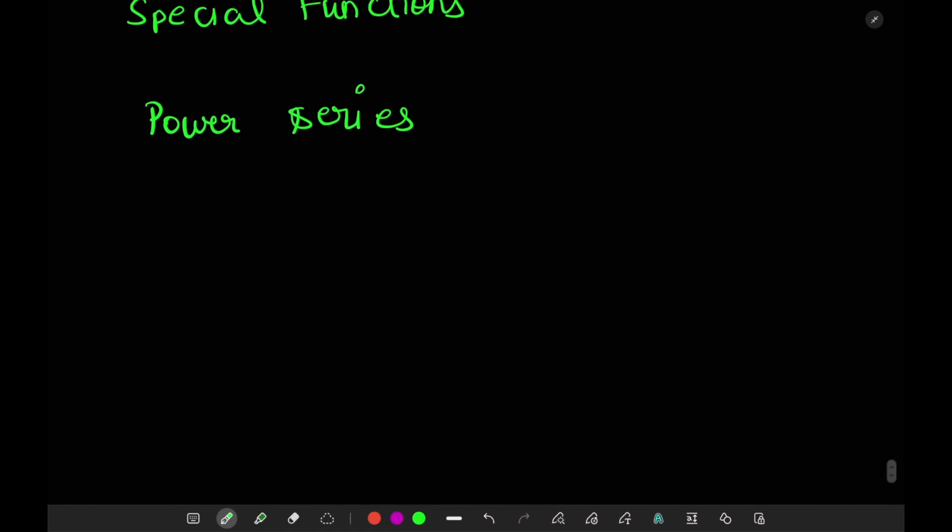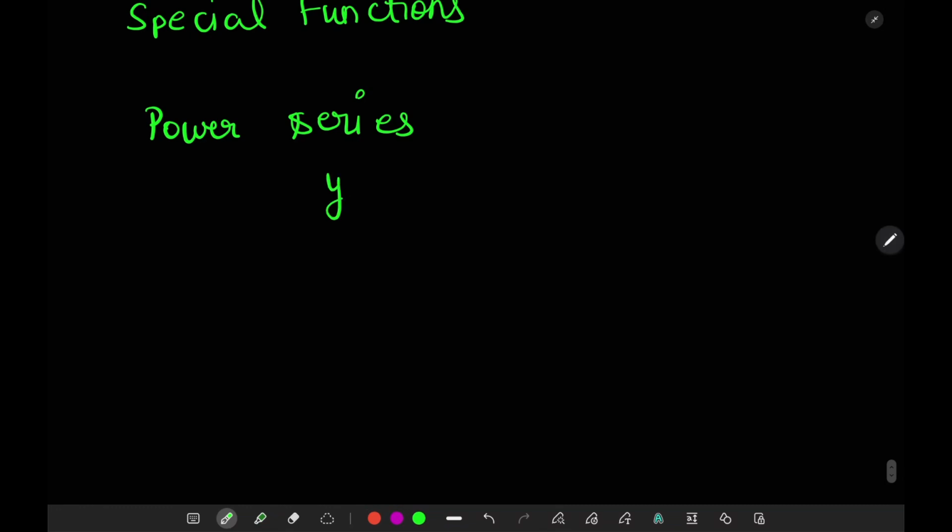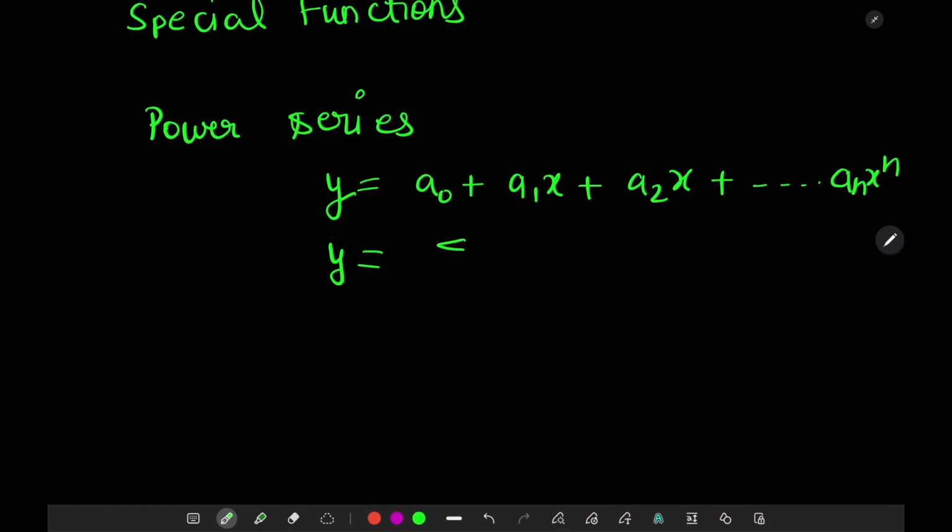The first method is the power series method. If y is equal to, here, this is the general equation. We can write this equation in a summation form like that.